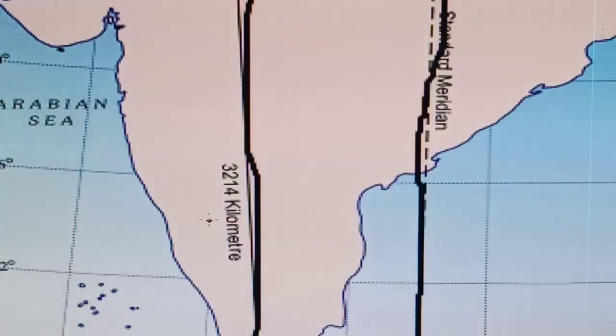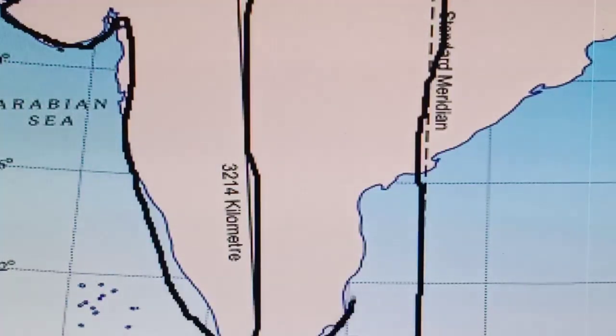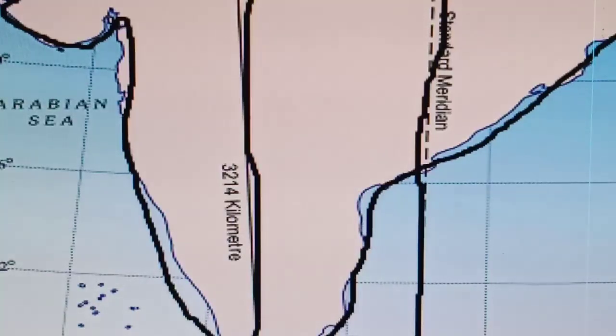And this is the coastal boundary of India. What was the total length of the coastal boundary including the islands? This was 7516.6 kilometers, including the Andaman Nicobar and Lakshadweep islands.